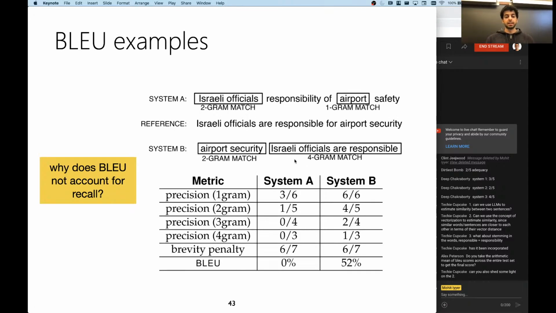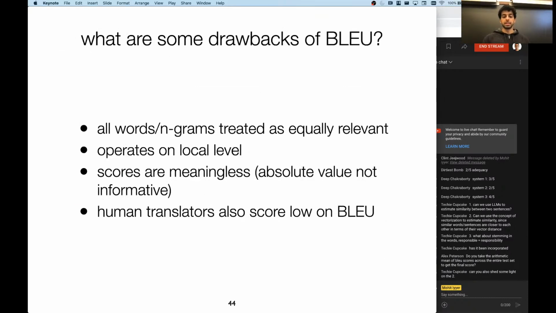As we see here, system B's output is not fluent at all, but it has this 4-gram match, Israeli officials are responsible, so it gets points. If it had 5-gram matches considered in this BLEU score, then this one would have a 0 BLEU as well. But you can't just keep increasing the number, because you might have some shorter translations or shorter sentences.